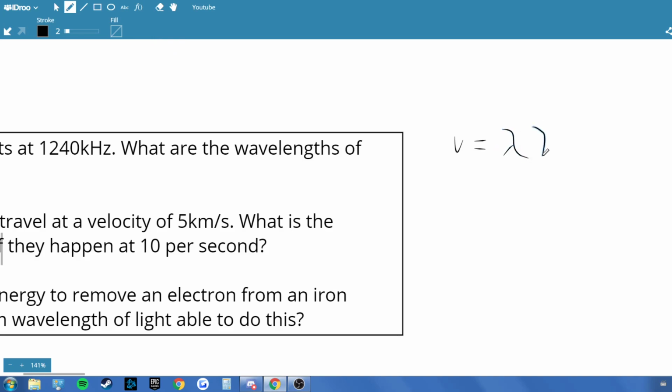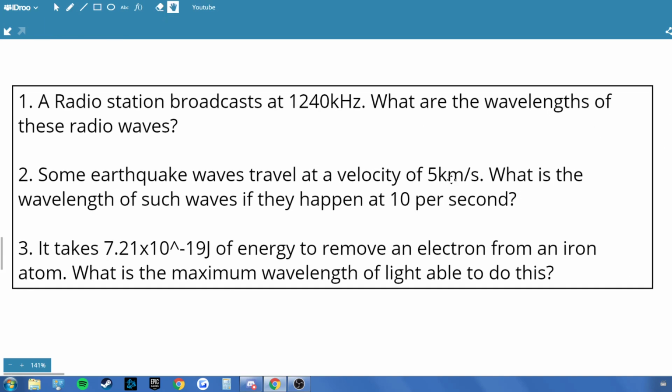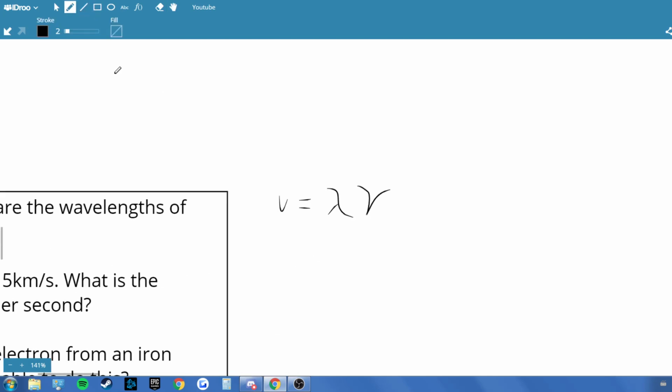So let's just change that to v for speed equals lambda nu. And then what we're given is 5 kilometers per second, so we should right away change that into meters per second.